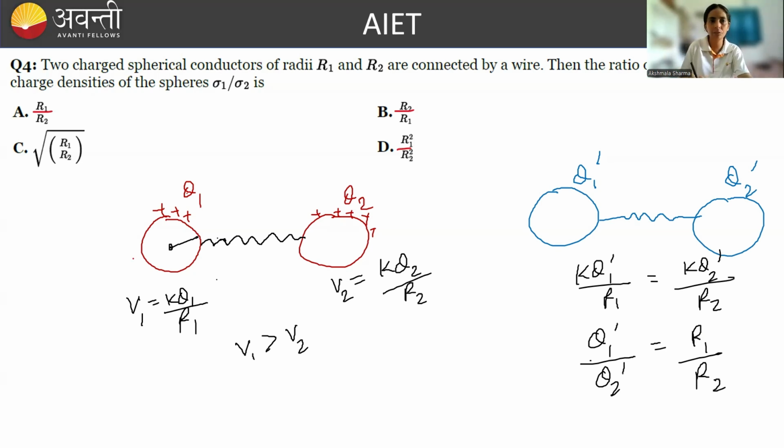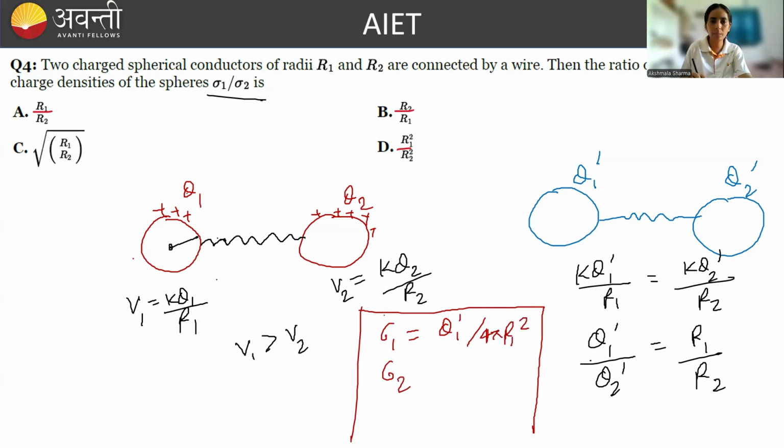Here in the question, we have to say what will be the charge density. So if we calculate the charge density, then you can write sigma 1 as Q1 dash by 4 pi R1 square, and sigma 2 as Q2 dash divided by 4 pi R2 square.